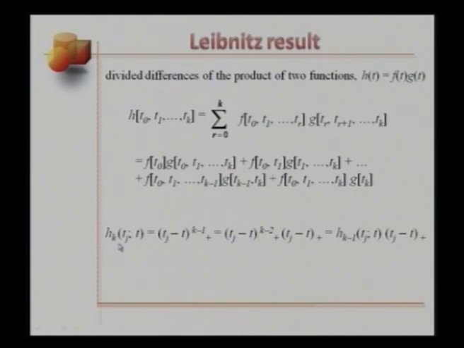Now, using h_k(t_j : t) equals h_{k-1}(t_j : t) times (t_j minus t) truncated, you can think of h_{k-1}(t_j : t) to be the function f of t, and (t_j minus t) truncated to be the function g of t, and apply the Leibniz result, and we'll see how we will get the recursion relation from here.